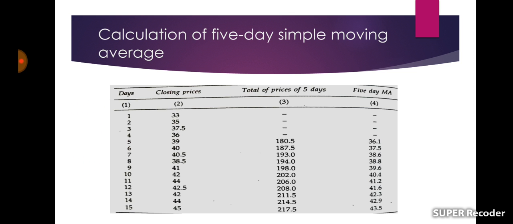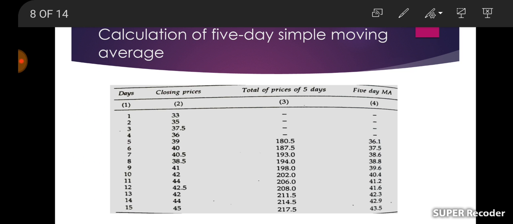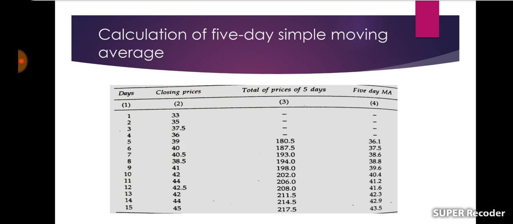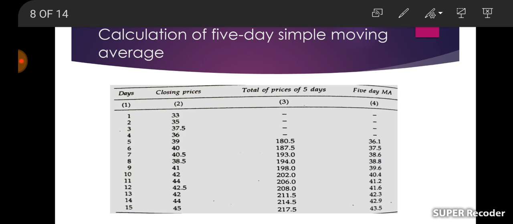And the second total of 187.5 is obtained by adding the price of the 6th day, that is rupees 40, to this 180.5 and deleting the first day's closing price, that is minus 33. This process is continued.